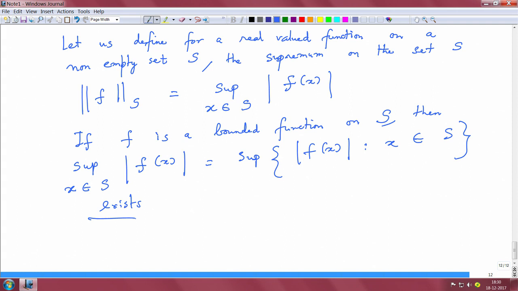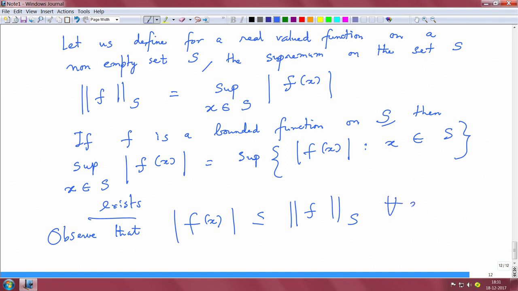If f is a bounded function on the set S, then this supremum exists. And we have to observe that mod f of x is less than or equal to the supremum of this function on the set S for every x belonging to S. And it means values that mod f will take is very close to the supremum, that is what it means.